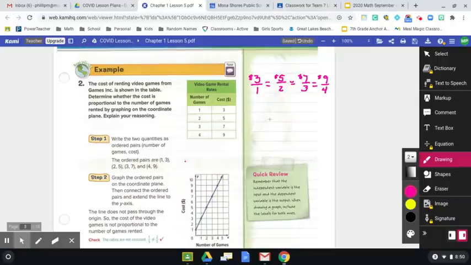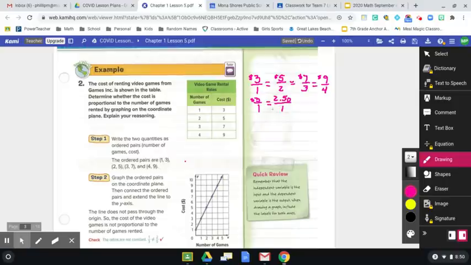Let's take a look and see if they're equivalent. Well, $3 over 1 is still 3 over 1. $5 over 2. So if you were to divide 5 divided by 2, this one comes out as 2.5 over 1.